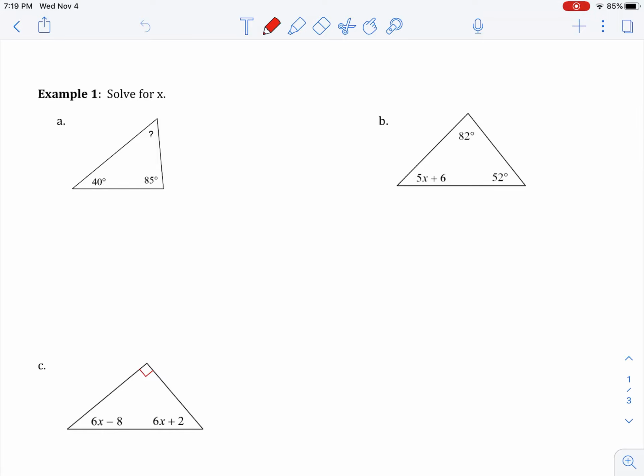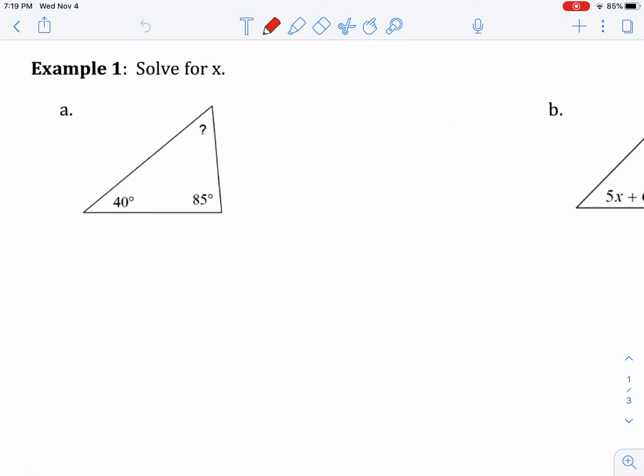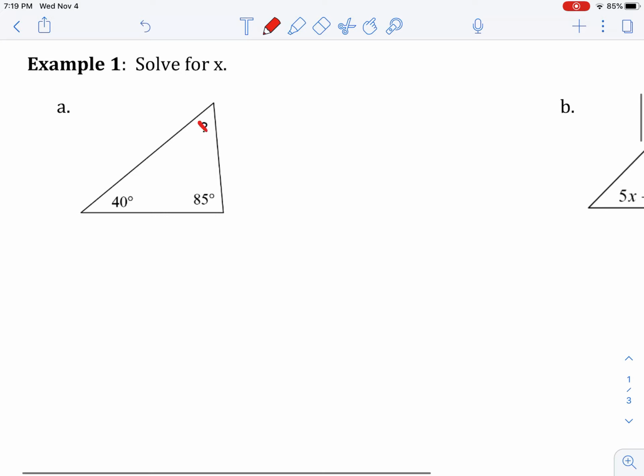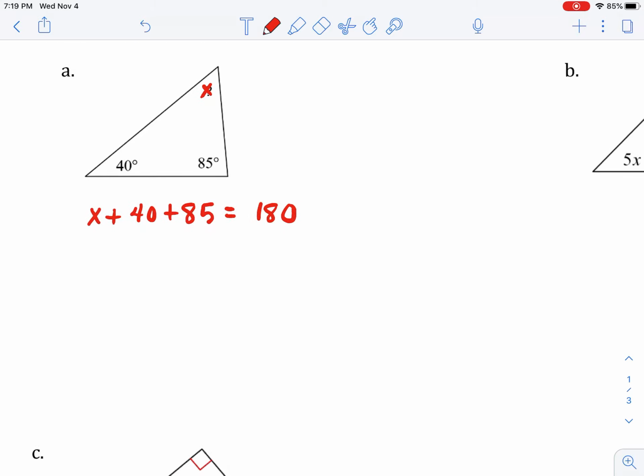In example 1a, they don't exactly use an x, they use a question mark, so let's change that to an x. If we wanted to solve for x, we would just add up the three things that we see. We see an x plus a 40 plus an 85, and we would set it equal to 180 degrees. Because again, the inside of a triangle always adds to 180 degrees.